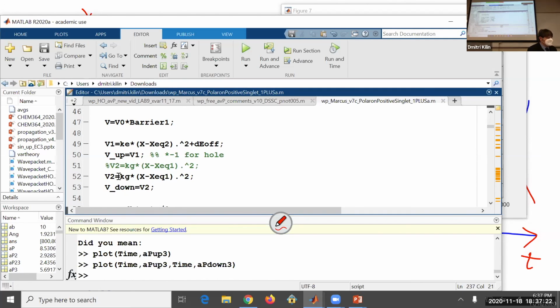Okay. So how many parameters are there? 1, 2, 3, 4, 5. And kg is not kilograms. It is the spring constant for the ground state. And Ke is not kinetic energy. It is the spring constant for the excited state.